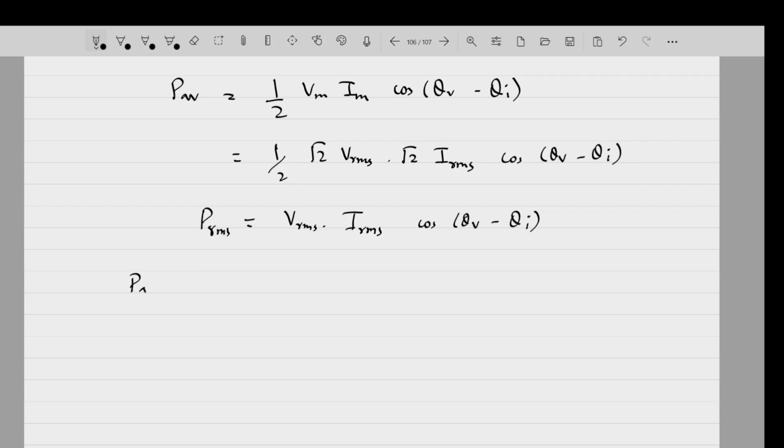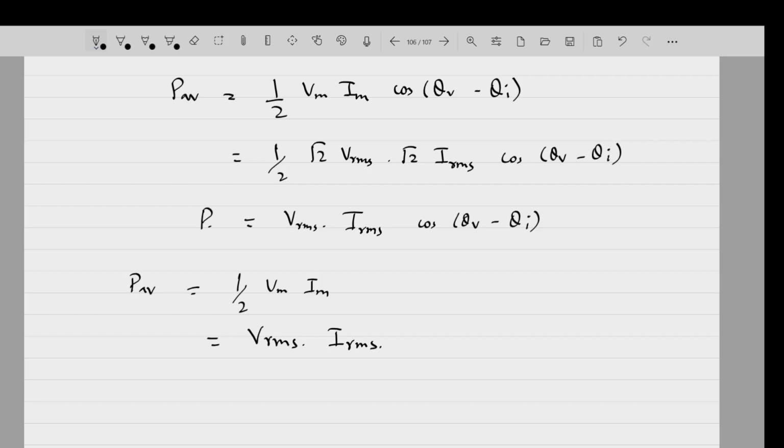Similarly, we had found P average for a simple resistive circuit, 1/2 of Vm Im. There theta V minus theta I was equal to 0, so cos of 0 was 1. So again, if we substitute for Vrms and Irms here, it will be equal to simply Vrms into Irms.